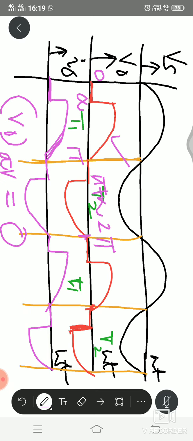So V0 average will be 0. Why? Because for one cycle, the positive half and the negative half are both symmetrical to each other. So there is no need to find out V0 average due to symmetry. Though if you wish, you can find it out, but it's not required.